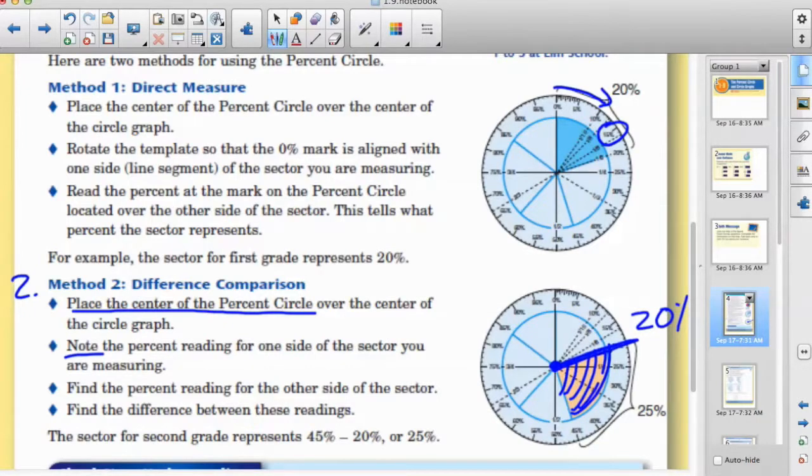Next, we need to find the percent reading for the other side of the sector. So maybe our sector is going all the way over here, our radius is going right here, and we need to make sure that we note wherever that might be. And this looks to be right here at 45%.